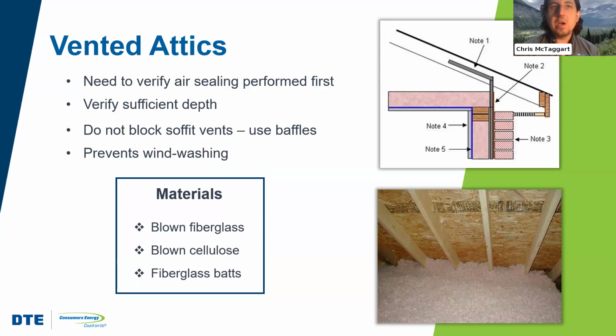Otherwise, we may have an issue of what's called wind washing, where the wind can blow through those soffit vents and blow away the insulation, making it less effective because wind is passing through those supposed to be trapped air spaces, but also because it literally just blows the insulation out of the way and no longer insulates certain portions of the house.